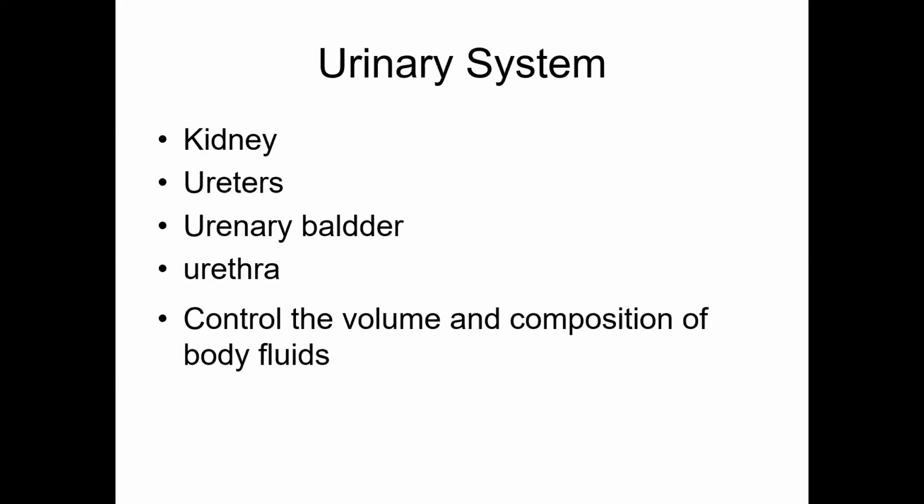In terms of function, what is the main function of the urinary system? To filter blood. Yes. In terms of the mechanisms for the urinary system to filter blood, we have four big parts. The first part is called filtration.